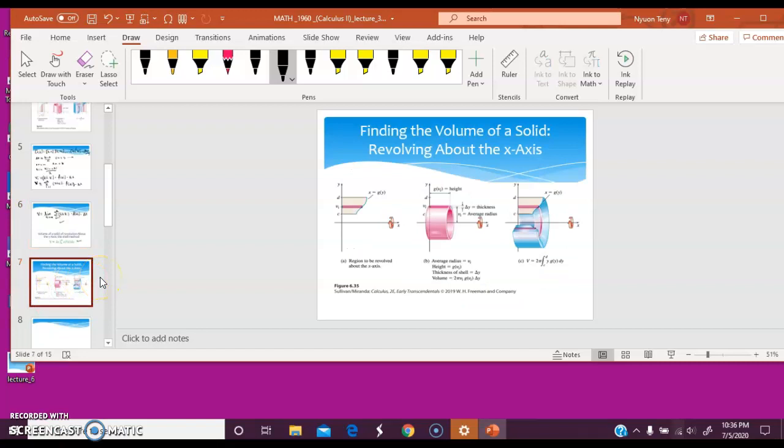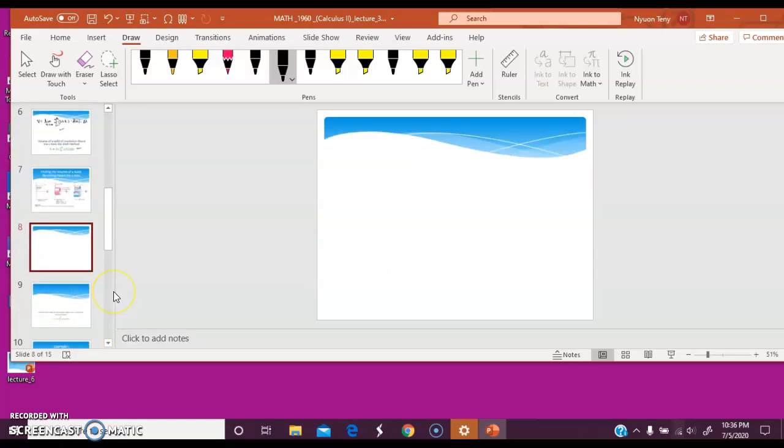To find the volume of a solid revolving about the x-axis, we do a similar derivation.